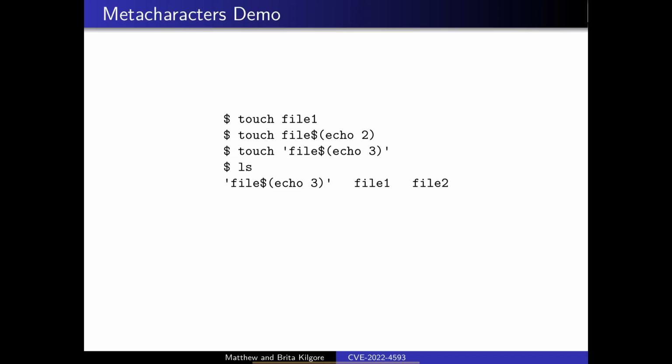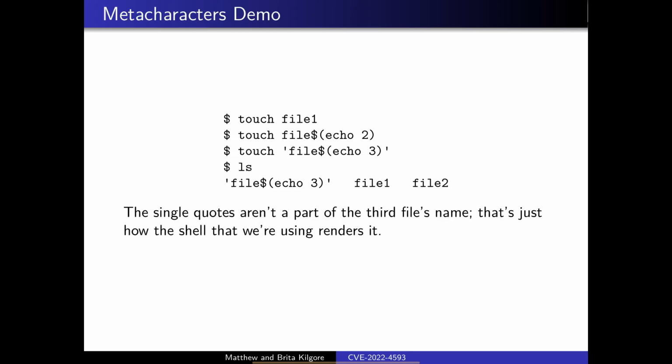Finally, we take that same pattern for file2, but place the entire thing in single quotes, canceling any special execution of a subshell. The result is the following 3 file names. The single quotes aren't a part of the third file's name. That's just how the shell that we're using renders it.